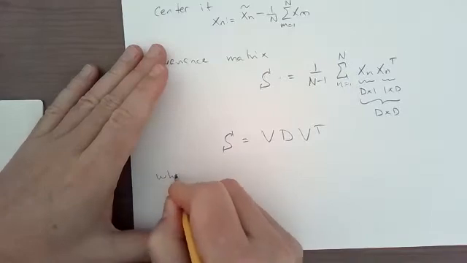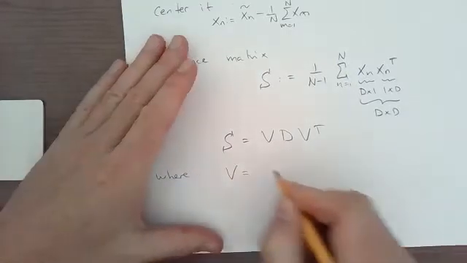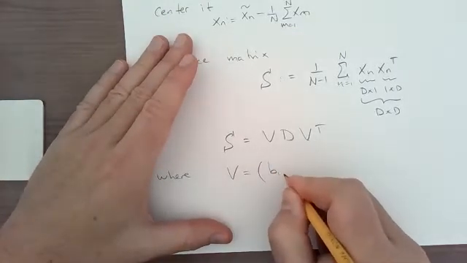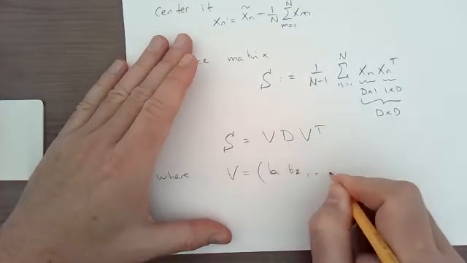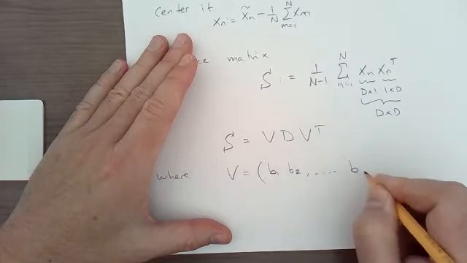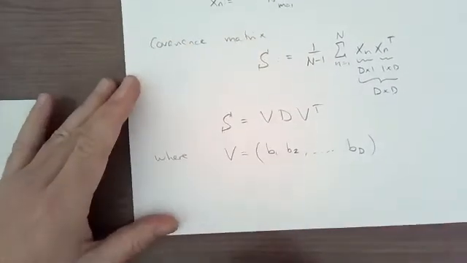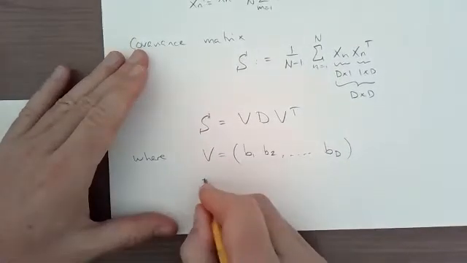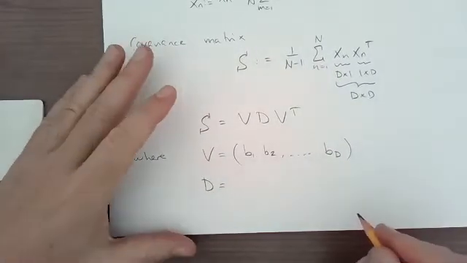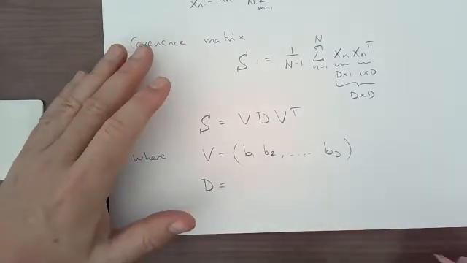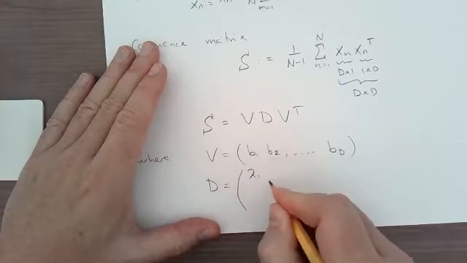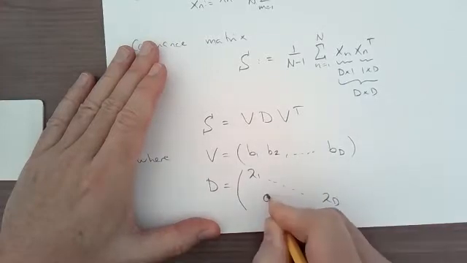where your V would be these eigenvectors b1, b2 up to bD. And D would be lambda 1 through lambda D, and then there'll be zeros.